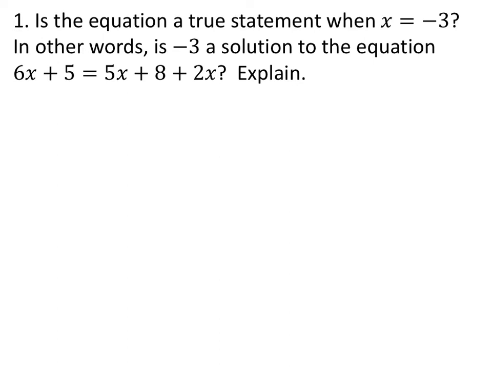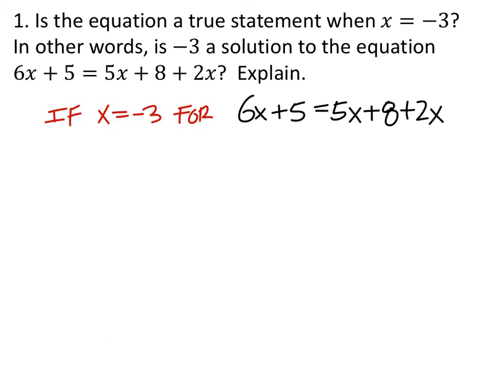This is what the answer should look like, not only on your classwork, but we expect the answer to look like this on a test. So it asks for an explanation, so let's explain this. I'm going to say if x equals negative 3 for the equation, then, and this is going to change the equation just a little bit, it'd be 6x plus 5 equals 5x plus 8 plus 2x.